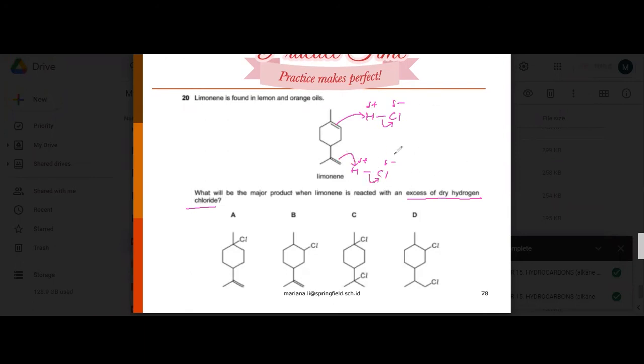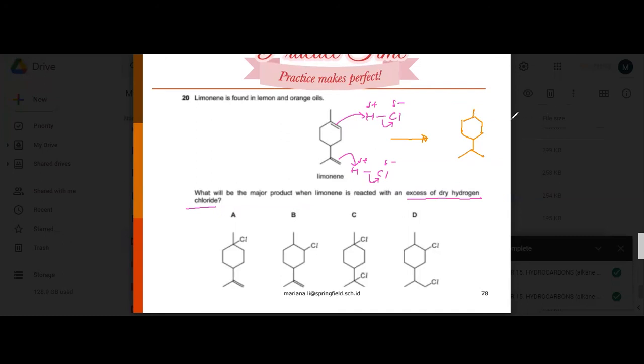Do you think this is a symmetrical or unsymmetrical alkene? Unsymmetrical, right? So the intermediate will follow the Markovnikov rule.